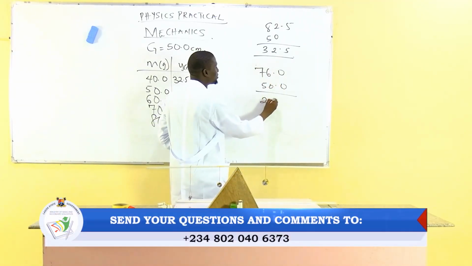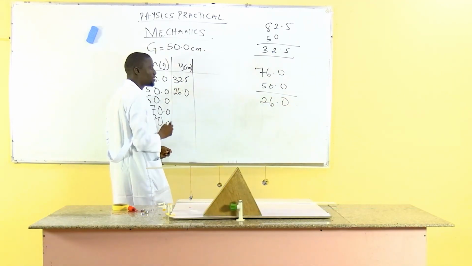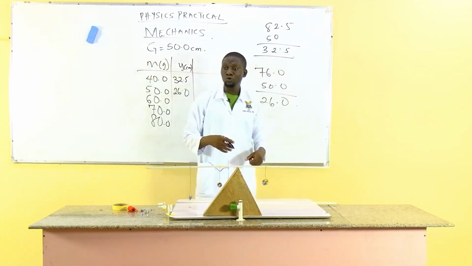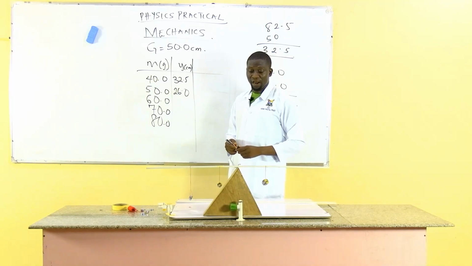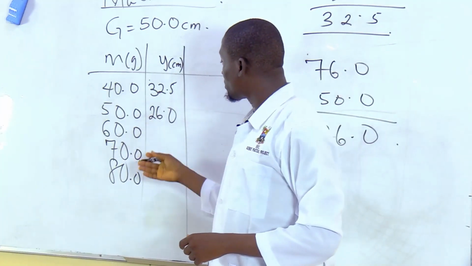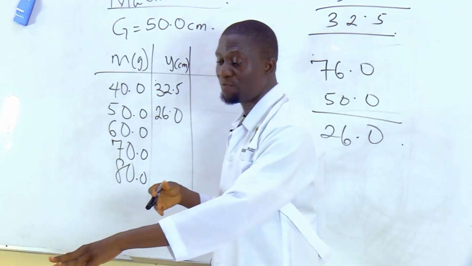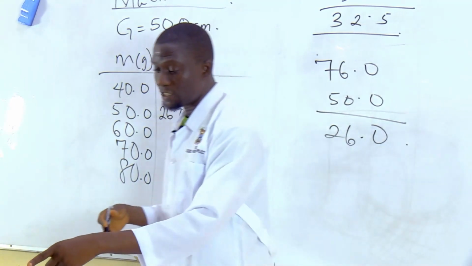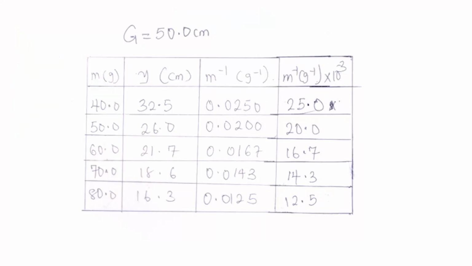You subtract 50.0, you have 26.0. So here will become 26.0. Then the next thing we do is to proceed to other readings. You do 60, 70 and 80 gram, then we obtain the values. The values for the 60, 70 and 80 gram are shown on the screen now. Please look at that and follow.